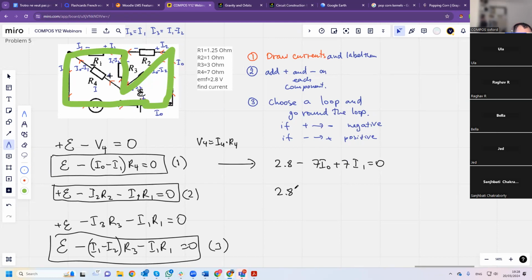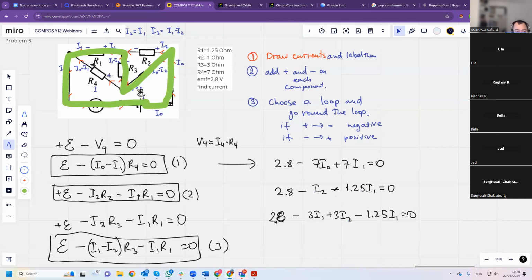From here it goes 2.8 minus I2 R2, which is 1, minus I1 R1, which is 1.25 I1, equals 0. And the third equation: EMF minus R3, 3 ohm, so minus 3 I1 plus 3 I2, minus R1, 1.25 I1 equals 0, and this is 2.8.